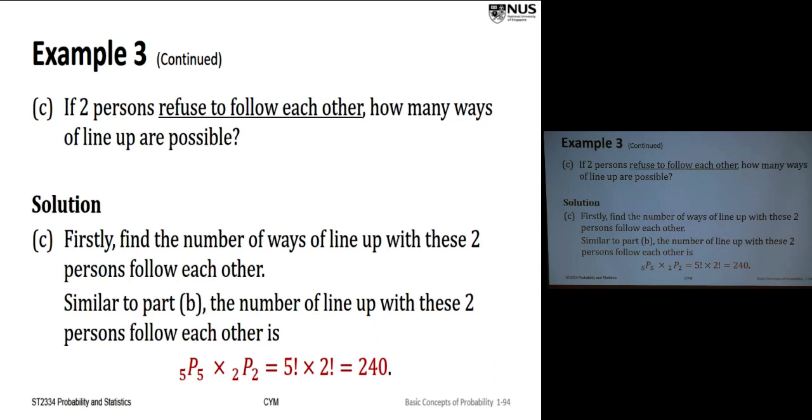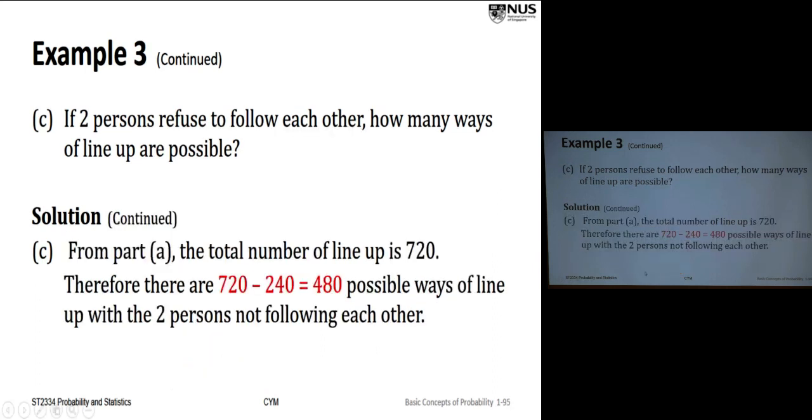Because for any arrangement, either these two persons are together, or they are not together. We are asked to find how many ways not together. So we find how many ways they are together and subtract from the total. So that's the idea. So how many ways can we find them? It's easy. Because there are 5 objects, 6 persons.